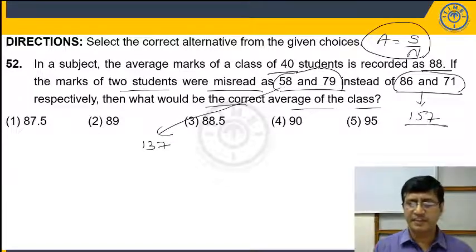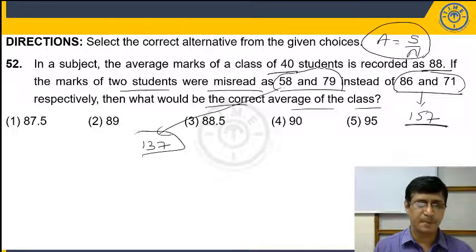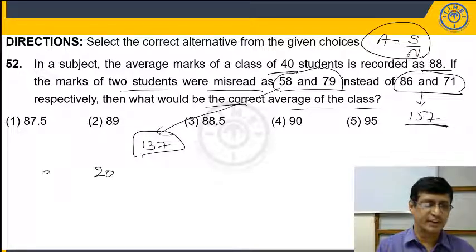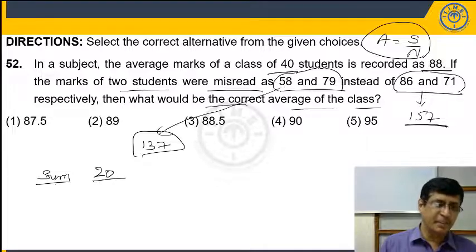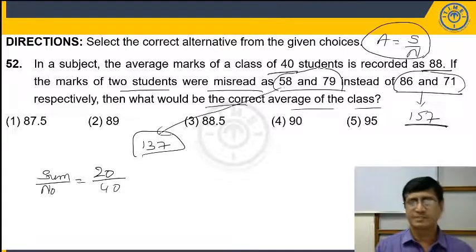Instead of 157, he quoted it as 137. So how much less did he quote? 20 less. That is the sum. And how many observations are there here? How many students? If we observe, the number of students is 40.